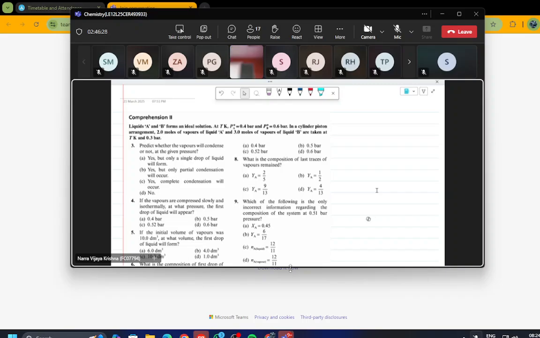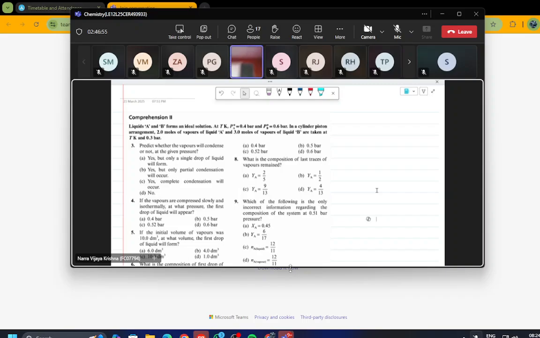Solve. Liquids A and B form ideal solution. PA not given, PB not given. In a cylinder piston arrangement, 2 moles of vapors of liquid A, 3 moles of vapors of liquid B are taken at T Kelvin, 0.3 bar.